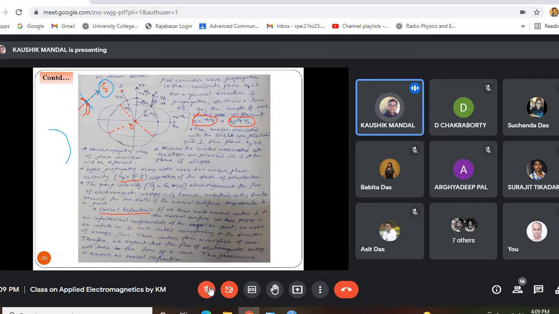Suppose this is the structure of the corresponding surface. At any point you have to draw the unit vector, perpendicular to the surface. Say at this point, and similarly at this particular point, you have to draw the unit vector. Basically you first draw a tangent at this point, then you draw a perpendicular line to this tangent.